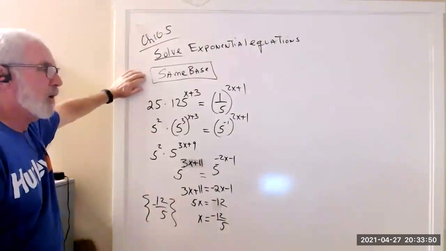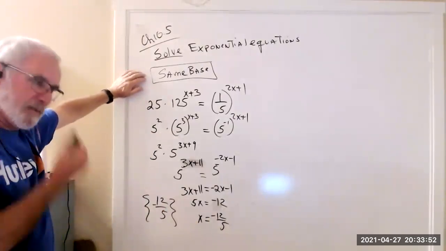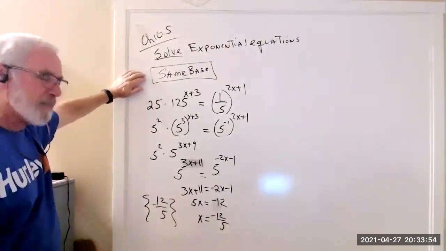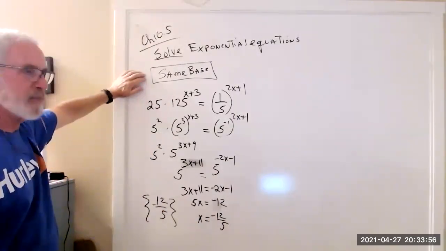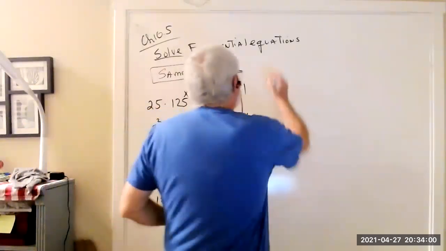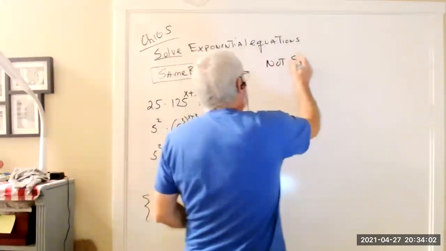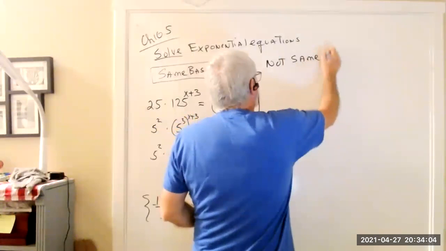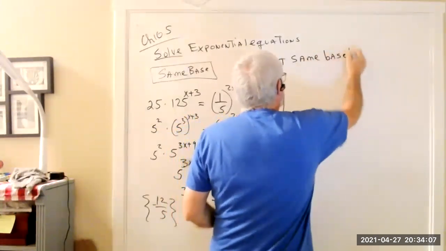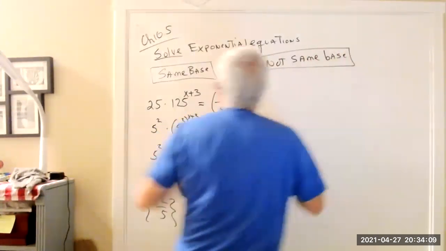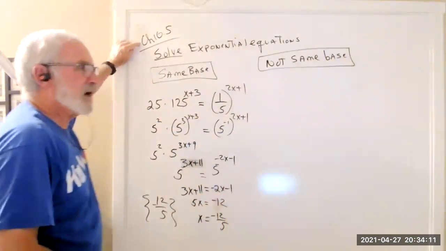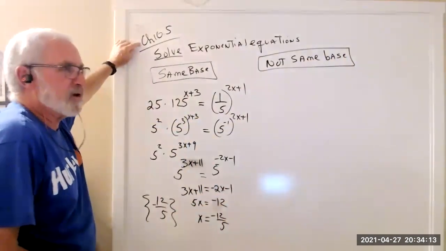Okay. Well, what happens if they're not the same base? Not same base. So that's what chapter 10.5 is, or part of it is.